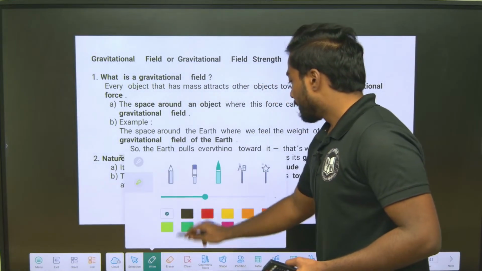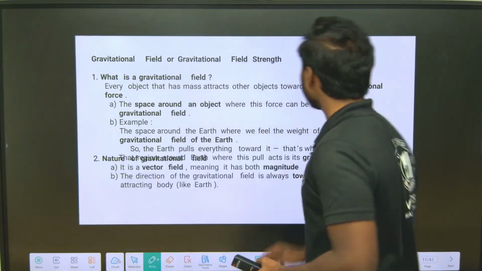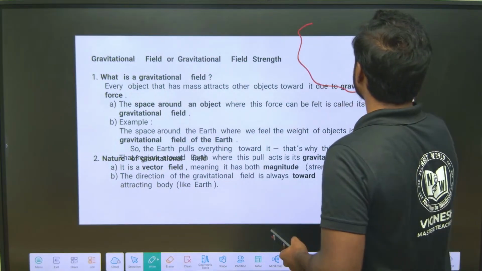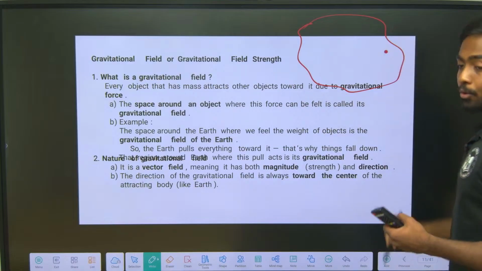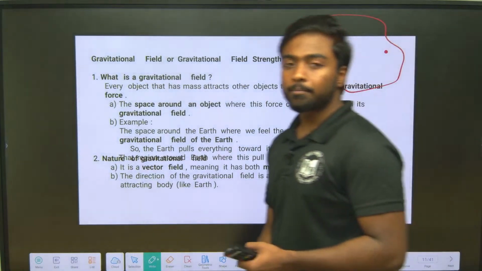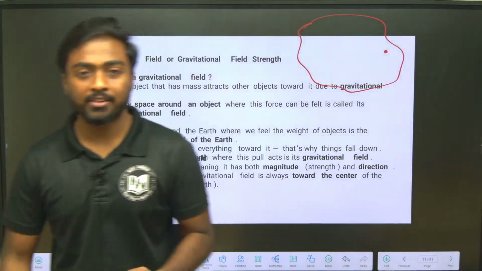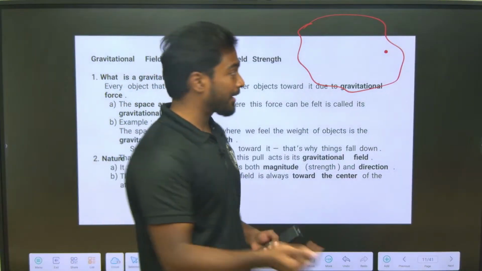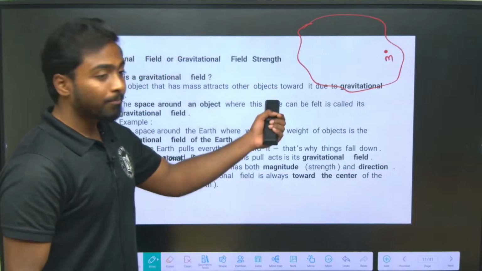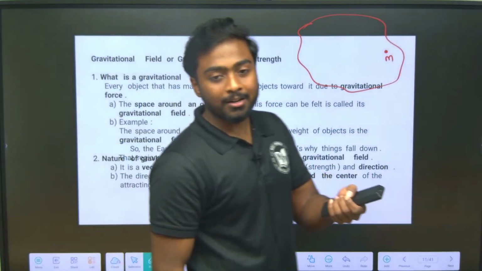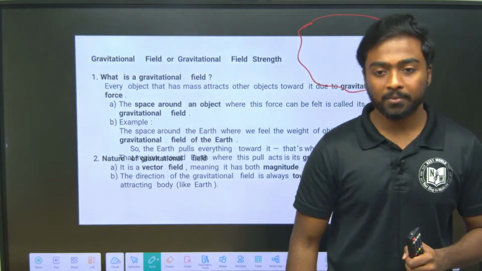For example, if I consider a system, if I take a point here, will I know there is a gravitational field? Will I know a gravitational field exists? No, right? Suppose if I keep a mass there, some point mass m, I can know whether the gravitational field exists or not in that system, right?